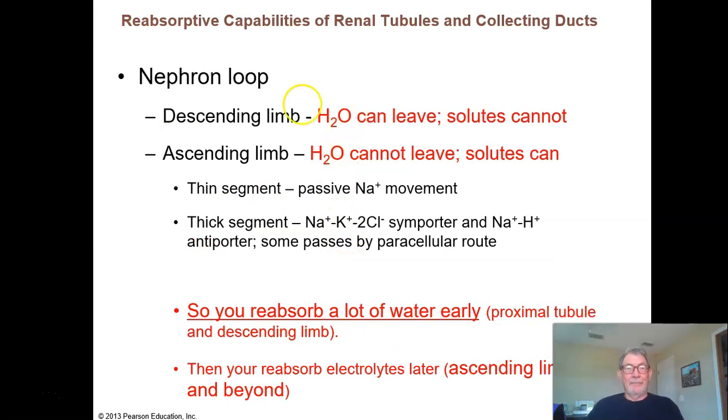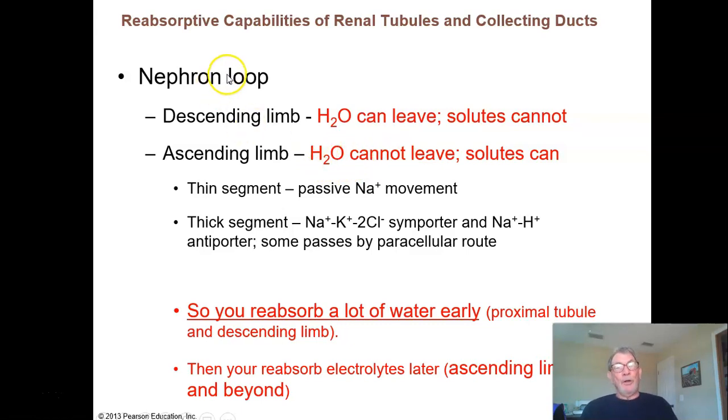Then, the descending loop absorbs water. It's permeable to water, so the water can leave and go back into the blood. Then the ascending limb is not permeable to water, but it's permeable to electrolytes, some other solutes, but mainly electrolytes.